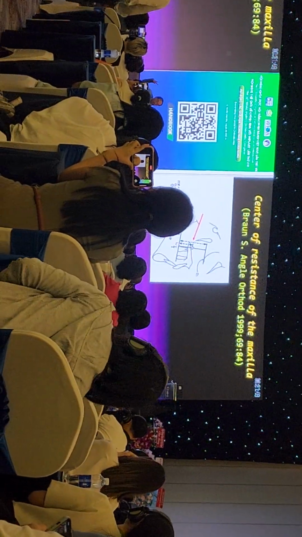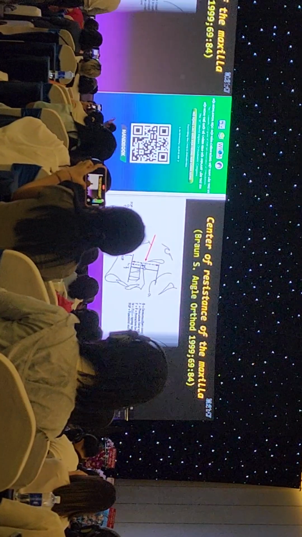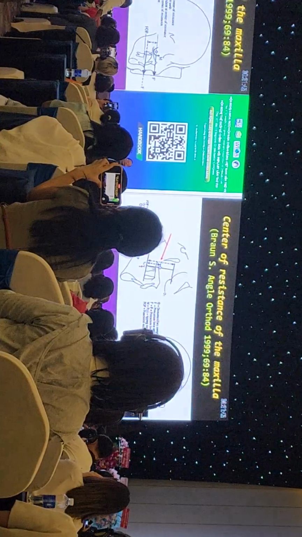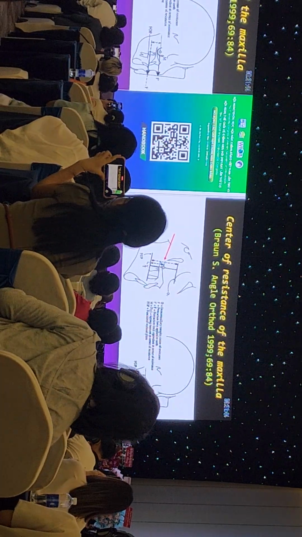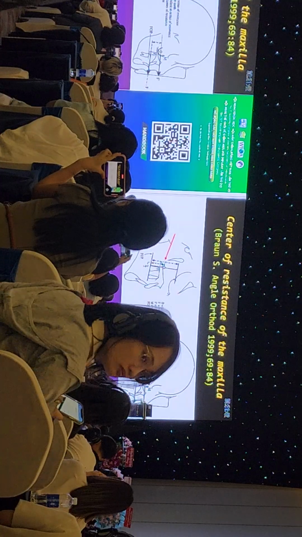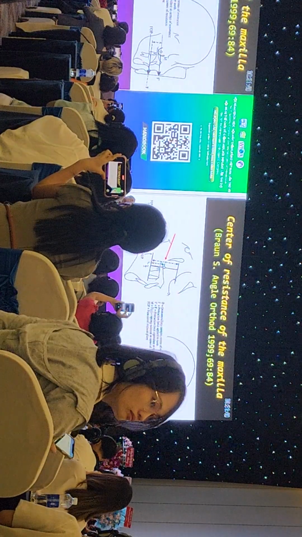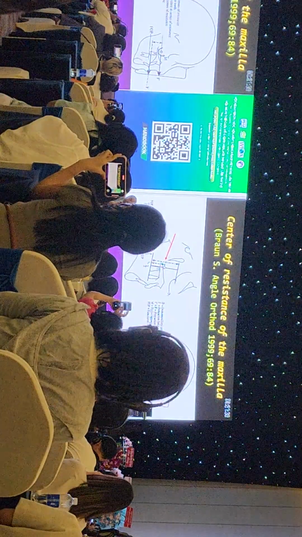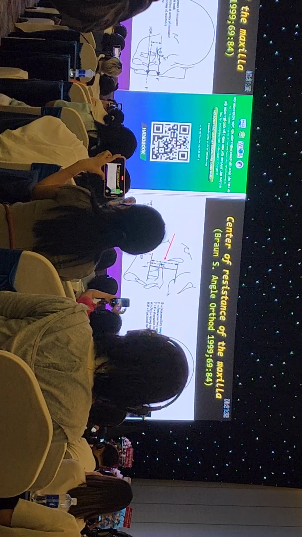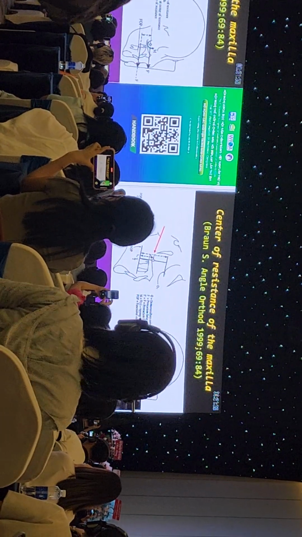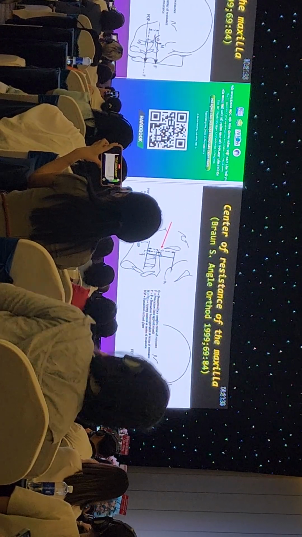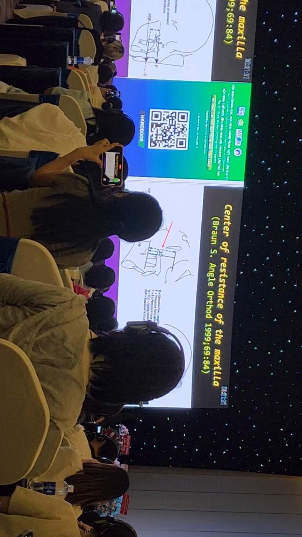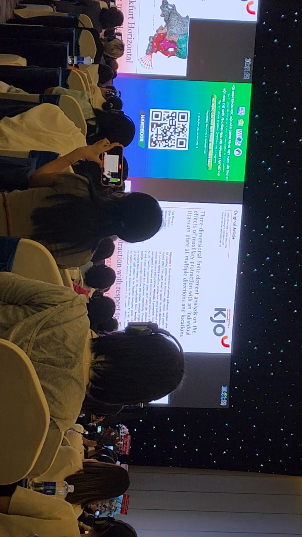All right, in between, all right? So if you protract the maxilla below the center of resistance, then you're going to tip the maxilla, all right? So don't do that, all right? And I will show you one way you can protract the maxilla along the center of resistance, okay?